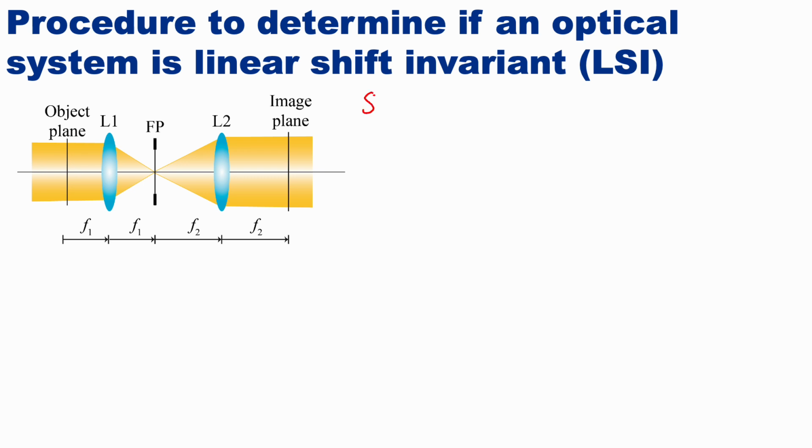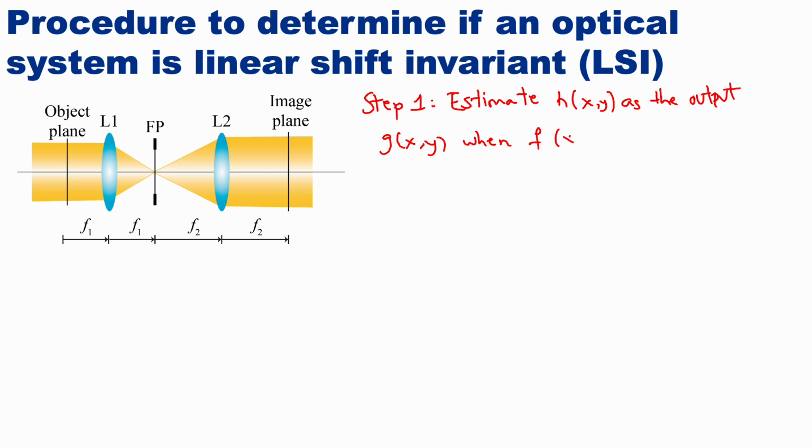So the first step that you need to do is estimate the impulse response as the output of the system when your input is a center unit delta, a center delta function.